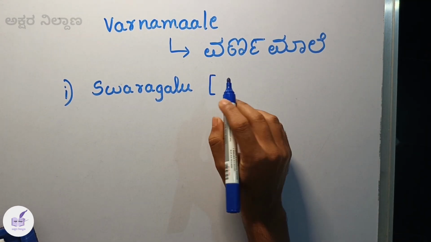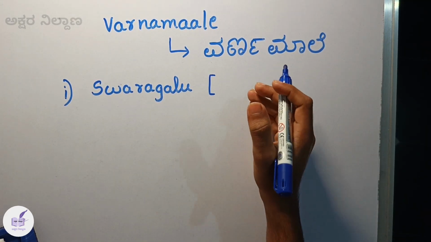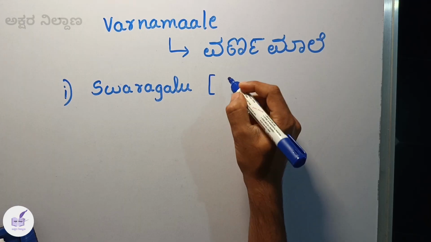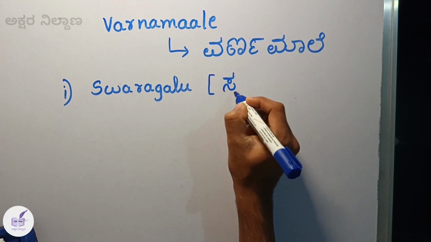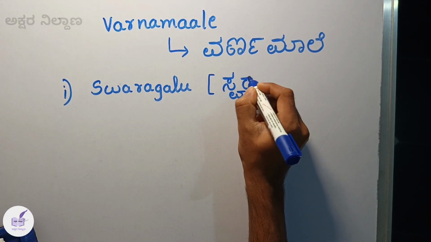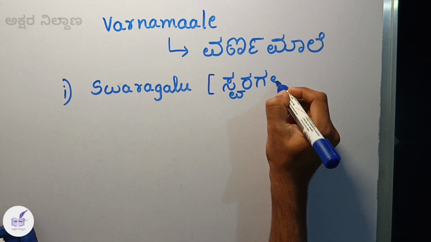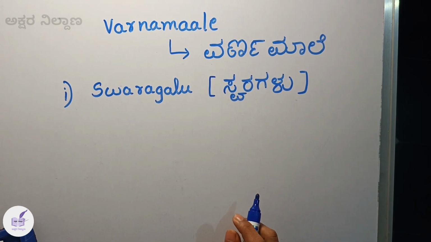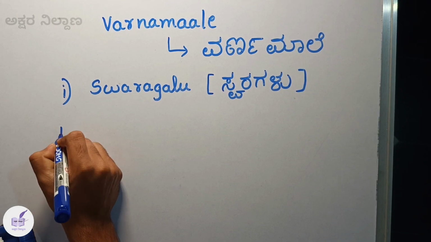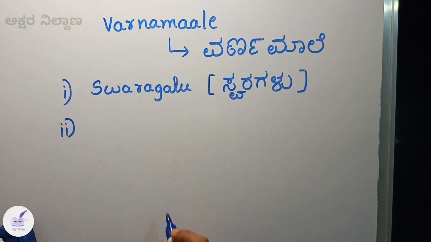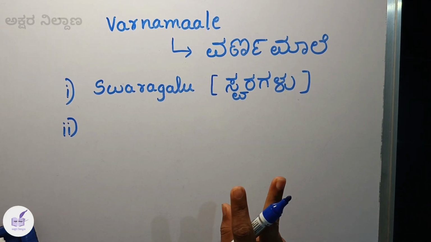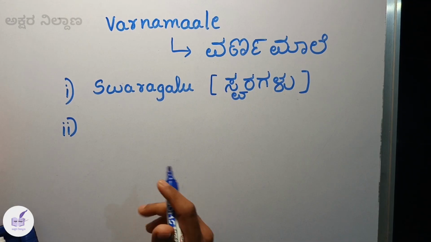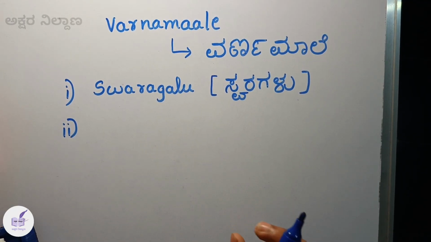Here, I can write the Kannada word for that. Swaragalu. The next group, where there are only 2 letters, is called Yogavahagalu.